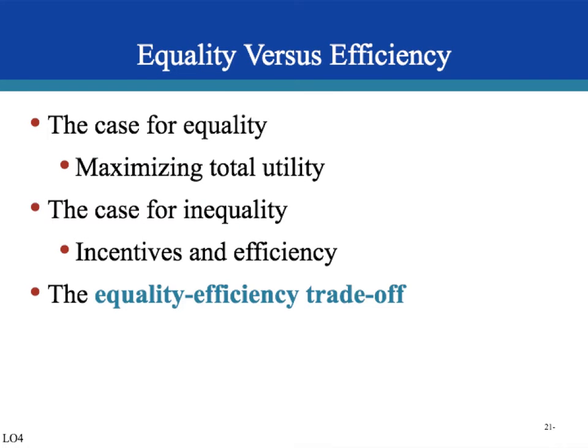So there is a trade-off between equality and efficiency when we talk about income inequality, and that to make a society have lower income inequality, it comes at the cost of efficiency.